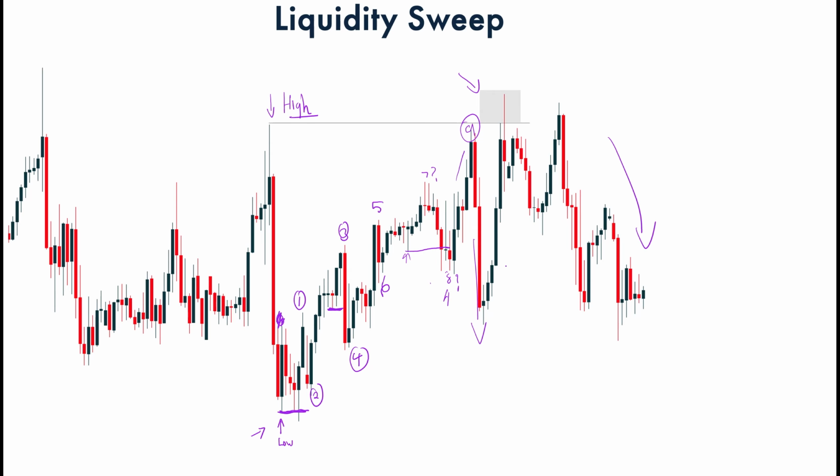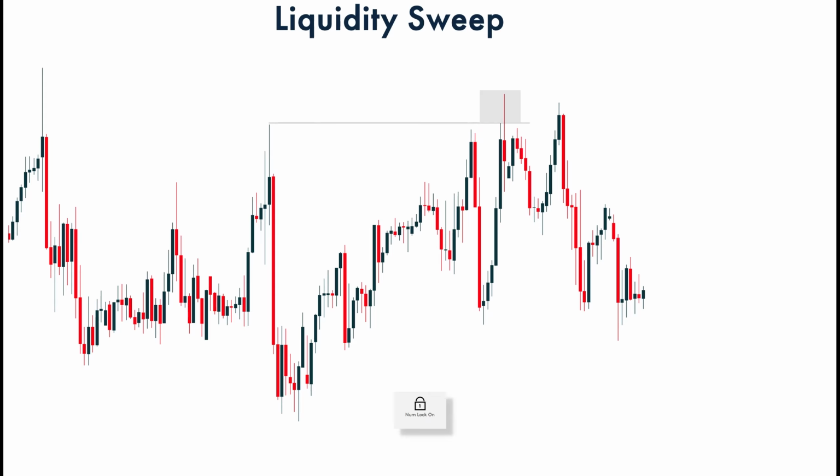If you were looking at the market like that, if you count again, you will see the structure very clearly. Firstly, look at the lows and highs here, before the market can liquidate this high here. This will be very, very clear.